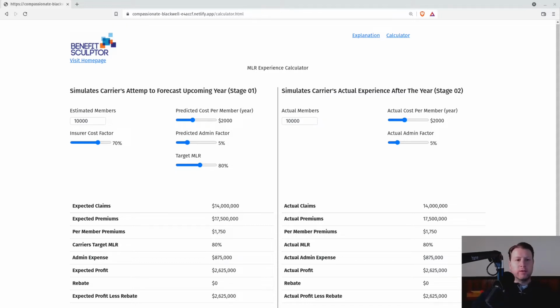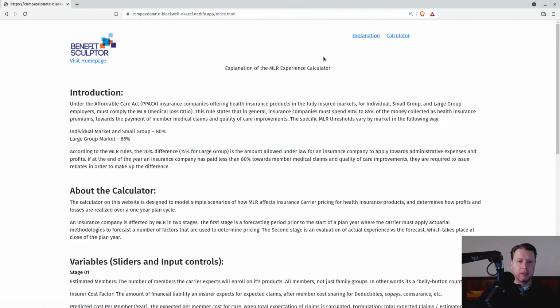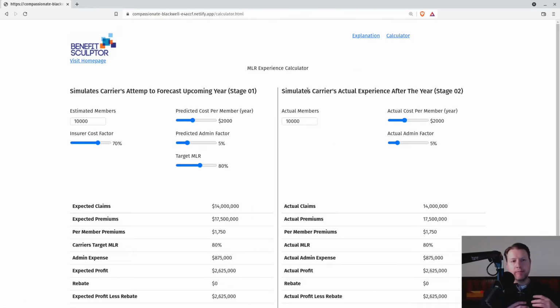So what this tool is doing is it's intending to model the scenarios that an insurance company has to go through. There's a little bit of an explanation here. You can read that if you want, but the short explanation is that an insurance company really experiences MLR in two stages. Stage one is what I would call the predicting or forecasting stage.